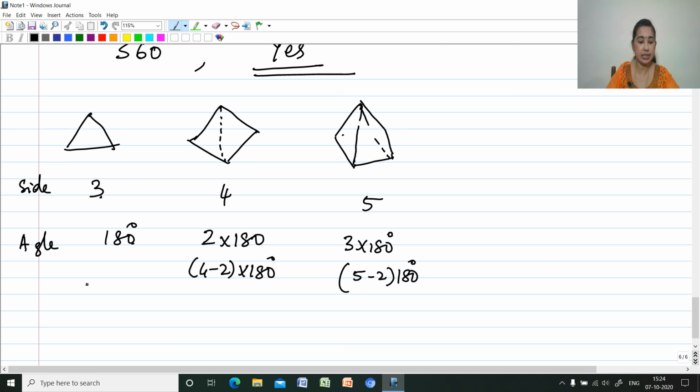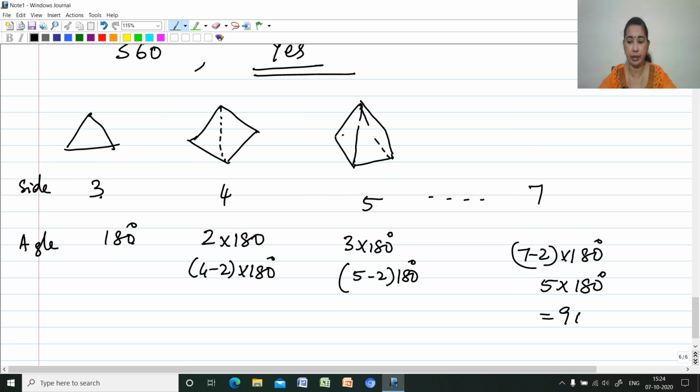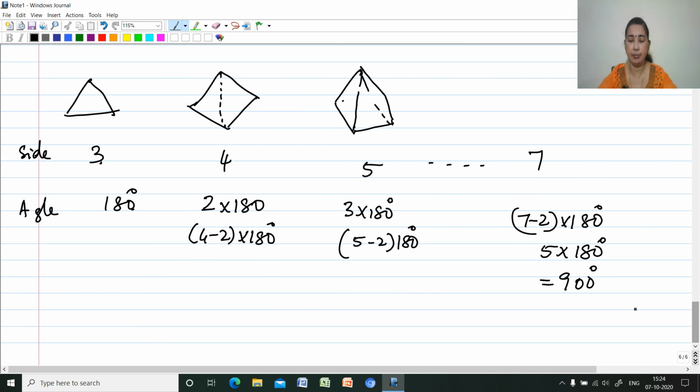Similarly, for a 7-sided polygon, we can write (7 minus 2) into 180. 7 minus 2 is 5, and 5 into 180 is 900 degrees, the sum of the angles of a 7-sided figure.